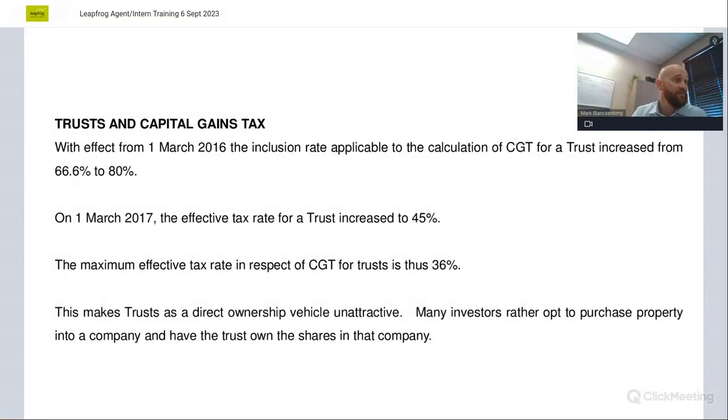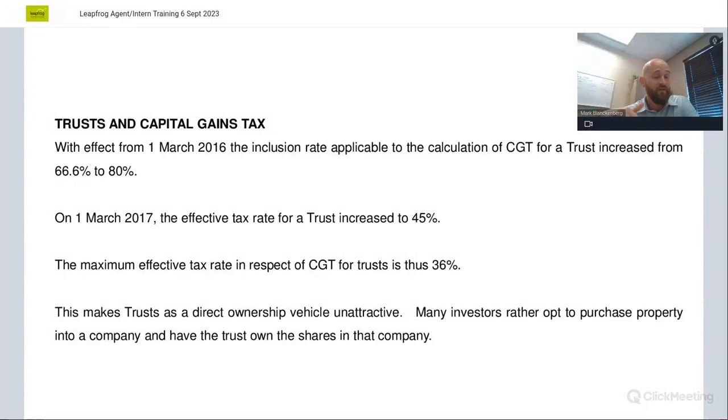The other aspect with regards to it, guys, is that the effective tax rate for a trust has increased to 45%. So they really are putting the squeeze on trusts in a tax way. I mean, it's not to say that there aren't circumstances where trusts are still beneficial.